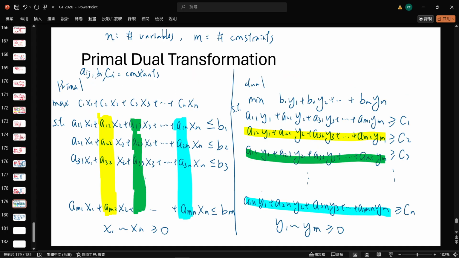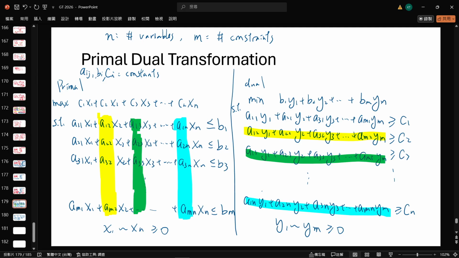And the constraint is that we transpose this whole matrix A. You can see that originally this was a vertical column, and when you get to the dual problem, it becomes a horizontal row.